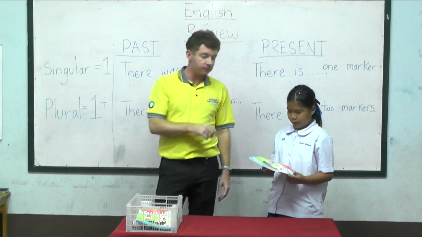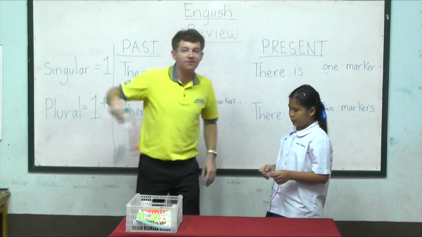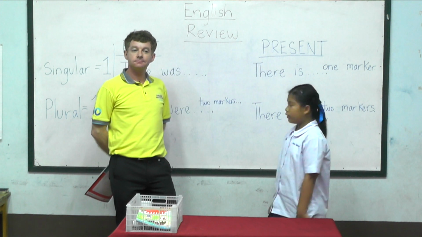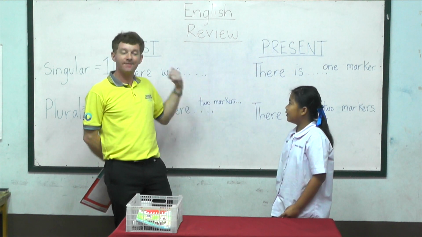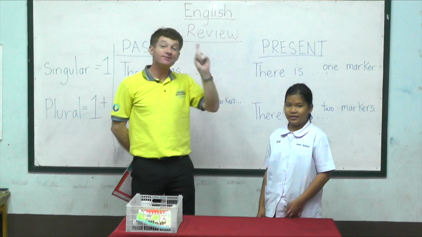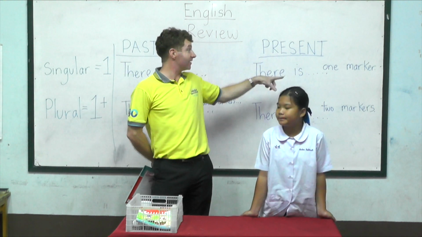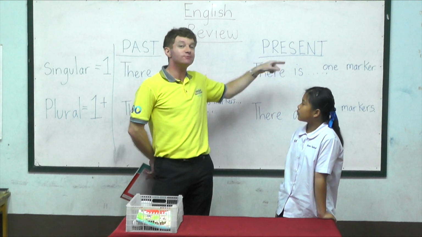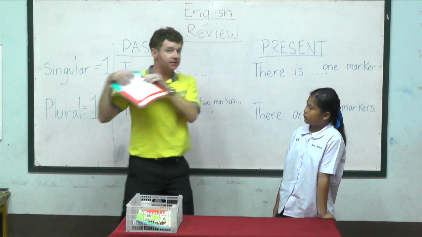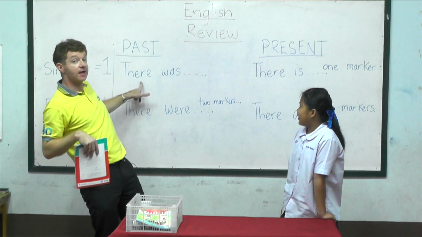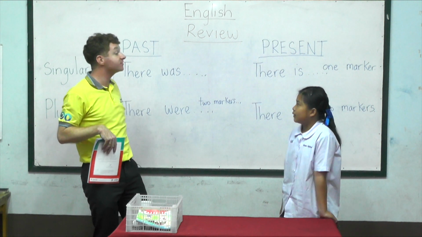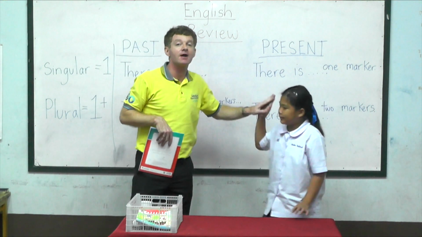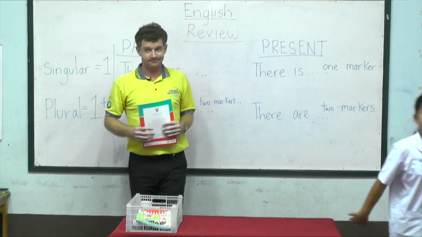But how about, Lakgao, excuse me, if I take the book away? Excellent. You see, singular items, present tense, there is one book. And then when I take the book away, there was one book. Lakgao, that was excellent. High five. Big round of applause for Lakgao.